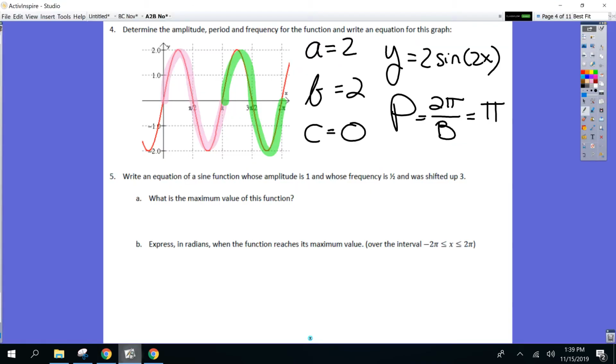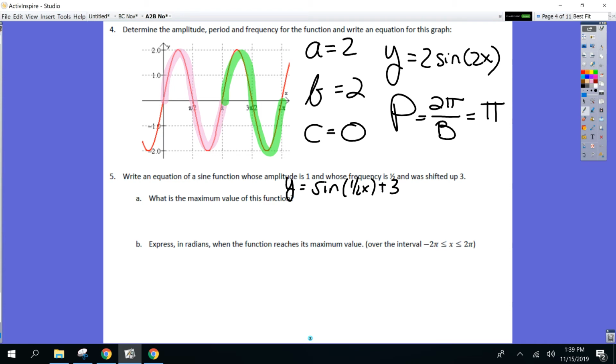What's the equation here? Y equals? Yep, you can put a 1 there if you want. If not, I'm fine with that too. Sine, yep, plus 3, nice job.